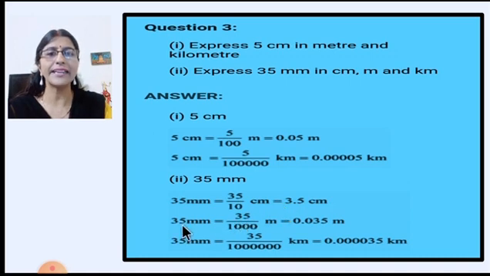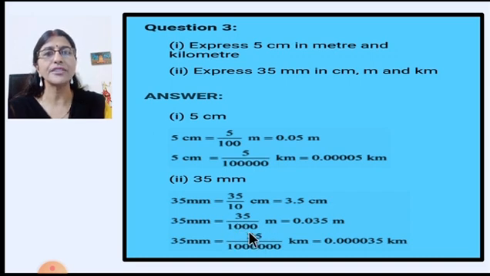Now next one again, millimeter to meter. We know already 1000 millimeter is 1 meter. So 35, we are converting millimeter to meter, which means we have to divide. 35 is divided by 1000. Now again the same method, we'll count the zeros. 3 zeros are there in the denominator, and this is a division sign, we are dividing.